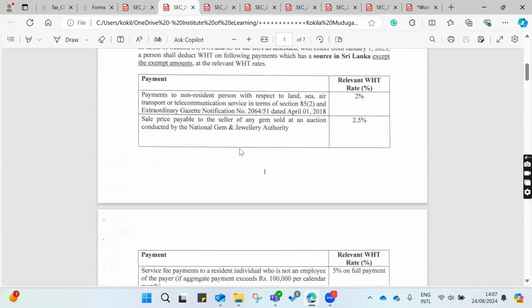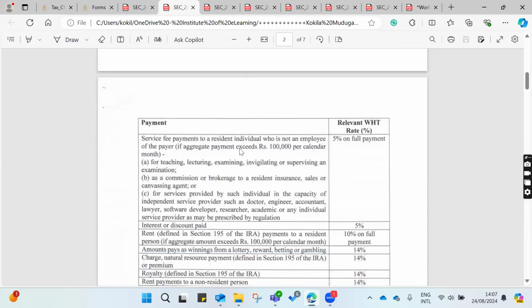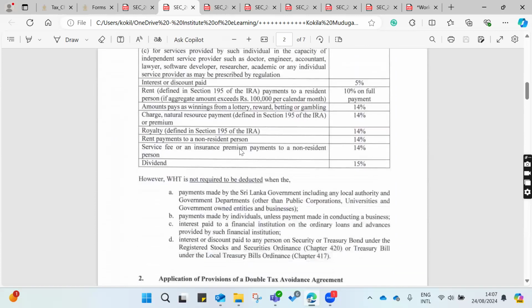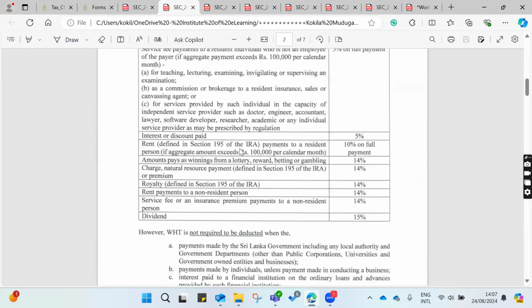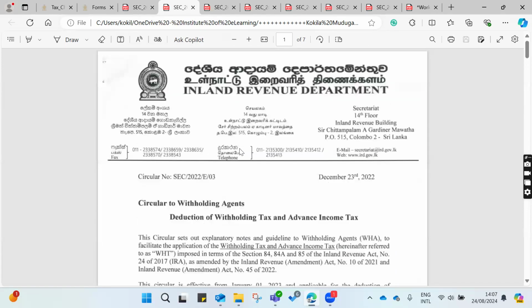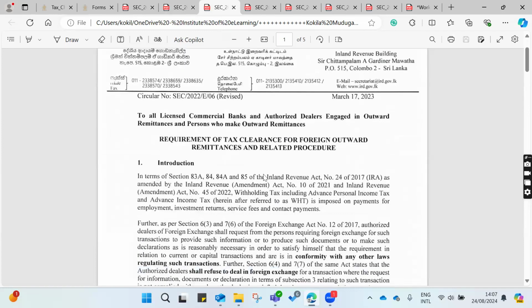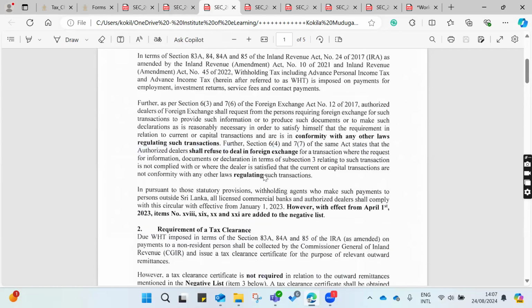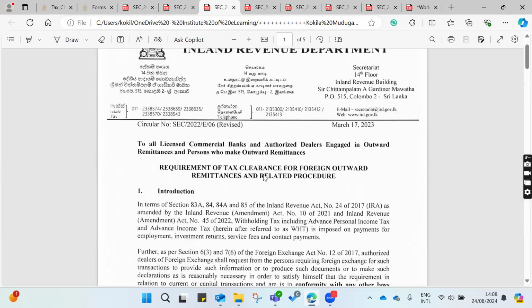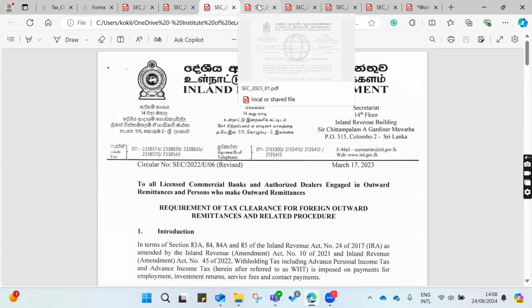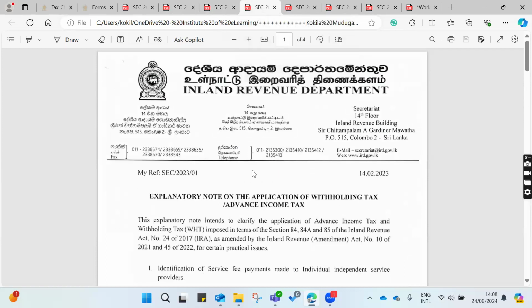I will do a separate video for other main withholding tax sources. I will also share these circulars in the video description. You can download them. This circular is another important one, and this is another important one for withholding tax on foreign remittances, how the withholding tax system is applicable. I will discuss it when I am discussing those areas.